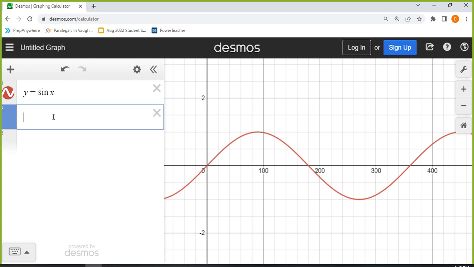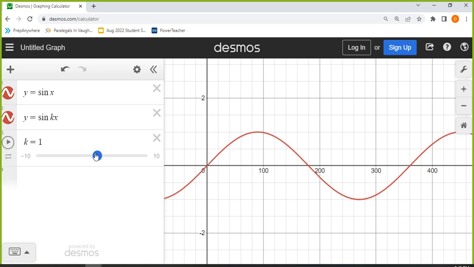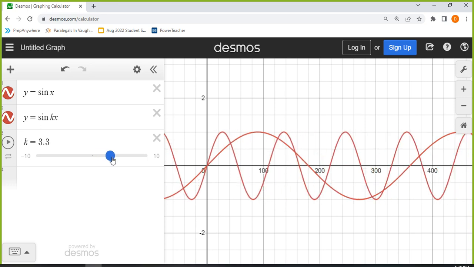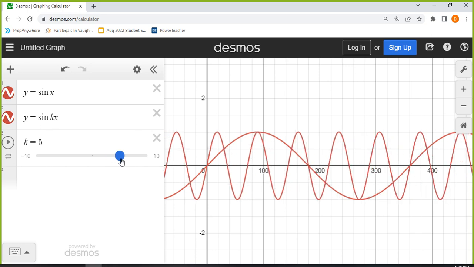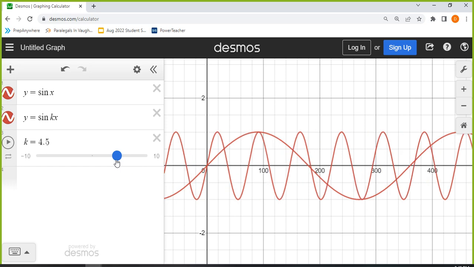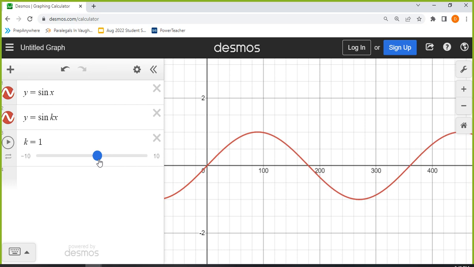But if I start putting a k parameter in there, so y equals sin kx, remember the k parameter represents a horizontal stretch or compression. Right? So if I make my k value some number bigger than 1, my graph gets compressed horizontally. But when I compress the graph horizontally, the period changes. So right now, when it's y equals sin x, our period is 360 degrees. It takes 360 degrees for one complete cycle to occur.